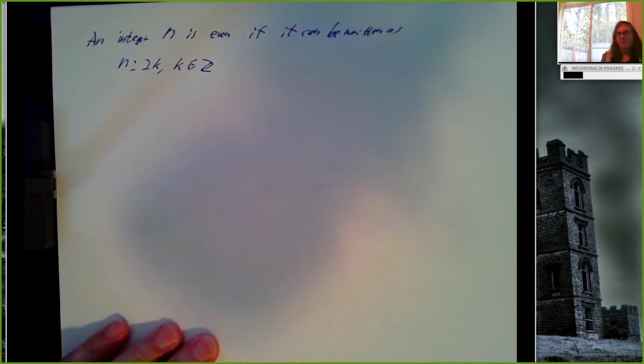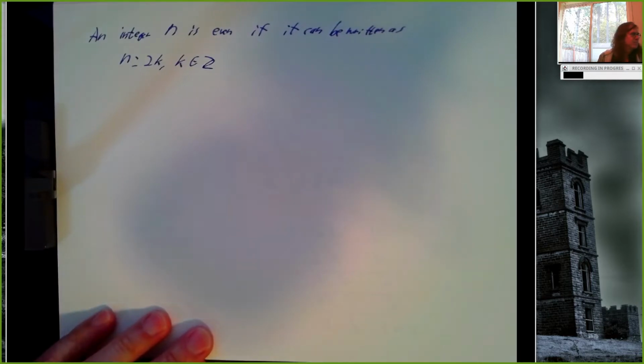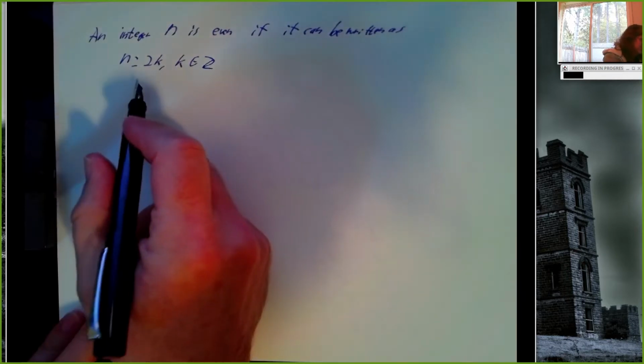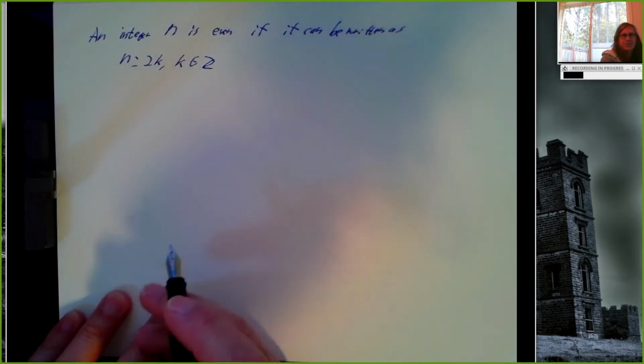In other words, an even number is twice some other whole number. So 10 is even because it's 2 times 5. 6 is even because it's 2 times 3. 0 is even because it's 2 times 0. And negative 100 is even because it's 2 times minus 50. As long as you can write your number as 2 times some integer, that number is even.